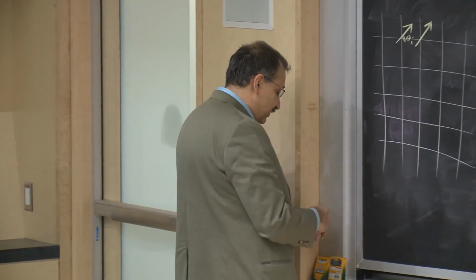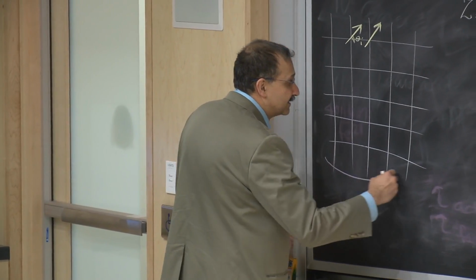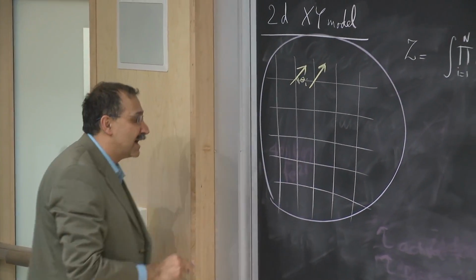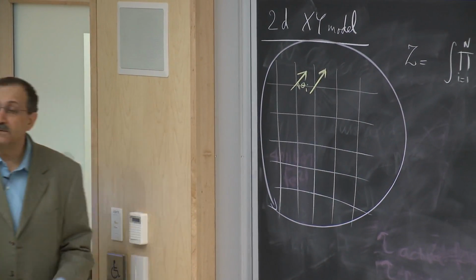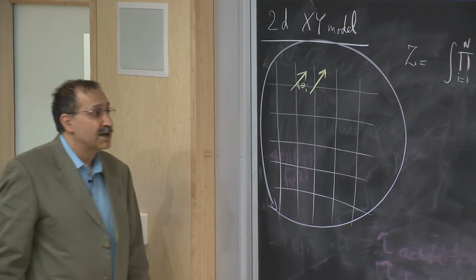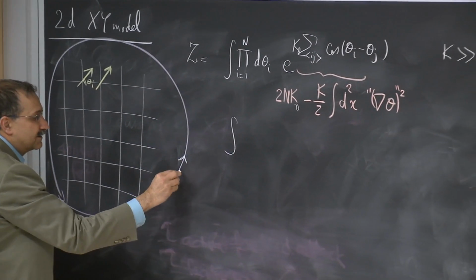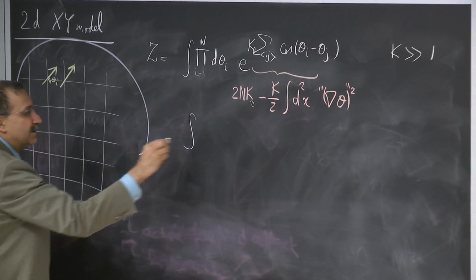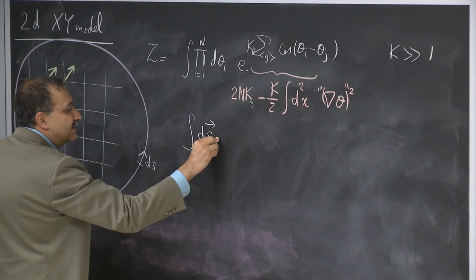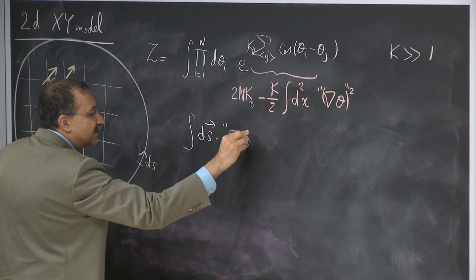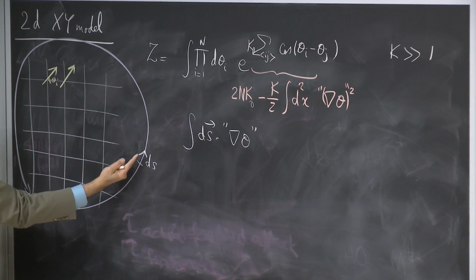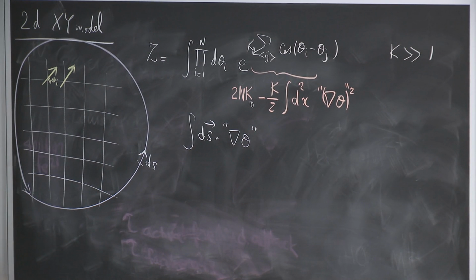So that if I were to take a circuit along the lattice that comes back to itself, and all along this circuit integrate this gradient of theta, so basically, gradient of theta would be a vector, I integrate it along a circuit.